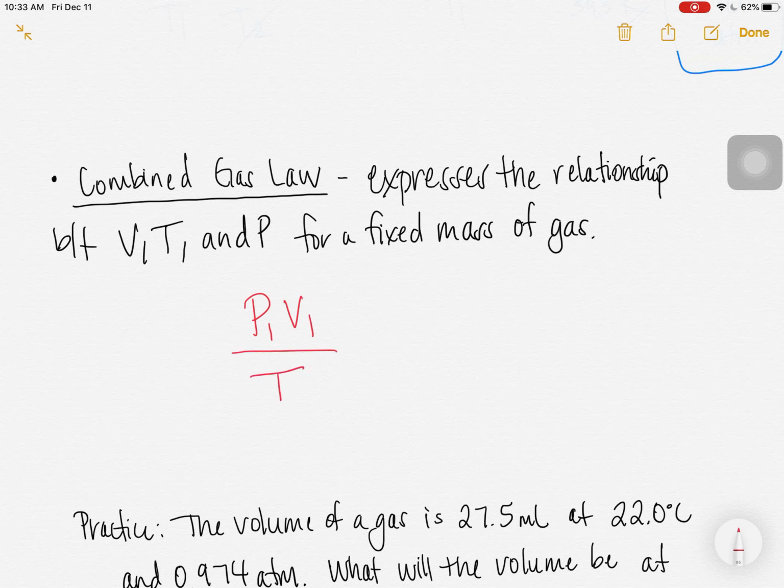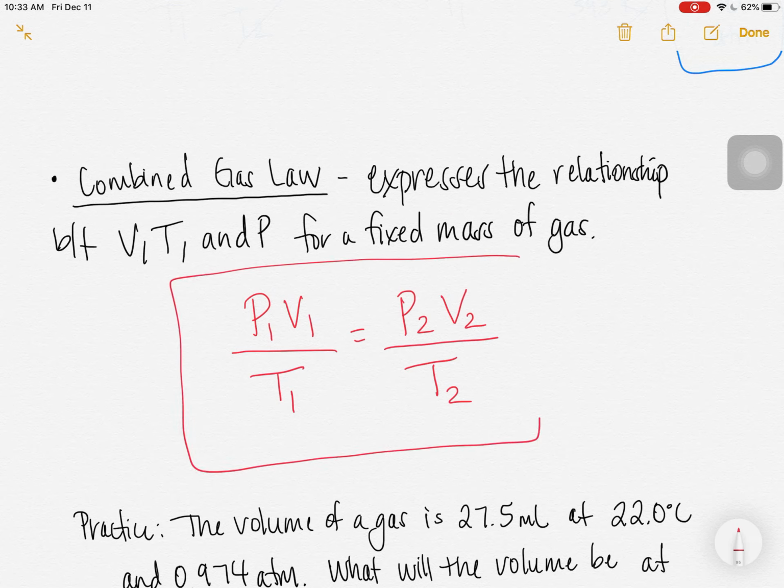All right, so this one looks a little bit different. And actually, this is pretty cool because it is the 3 laws combined, and I'll show you.